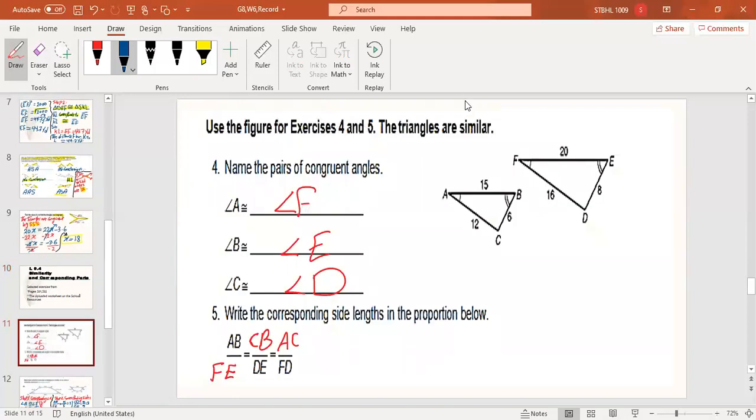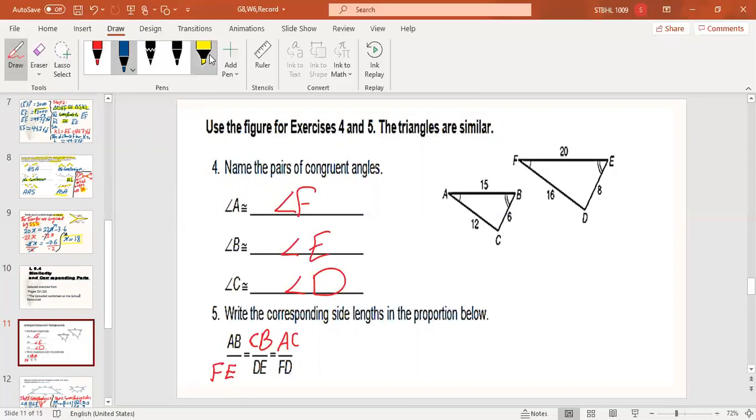We'll begin with a very simple exercise to clarify the idea of similar triangles. In similar triangles, we should know the difference between similar and congruent triangles. In congruent triangles, the six corresponding elements are congruent to each other. So all angles are congruent to the corresponding angles, and all sides are congruent to the corresponding sides.